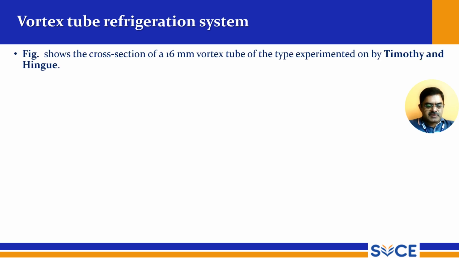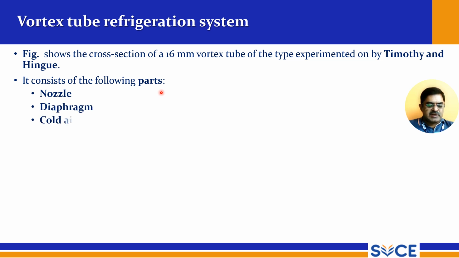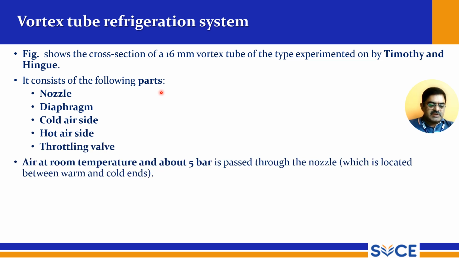The figure shows the cross section of a vortex tube of the type experimented by Ranque and Hilsch. It consists of the following parts: the nozzle, diaphragm, cold air side, hot air side, and throttling valve. Air at room temperature and about 5 bar is passed through the nozzle, which is located between the warm and cold ends.